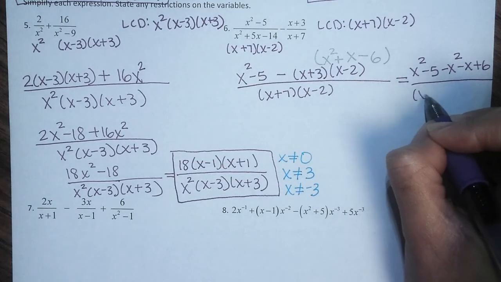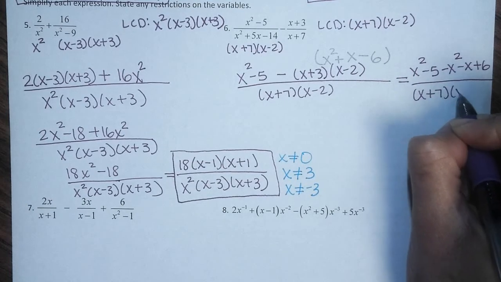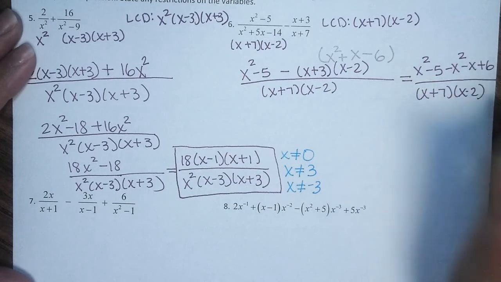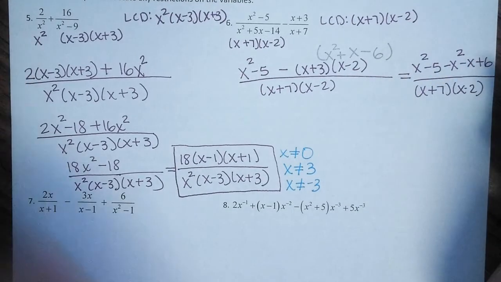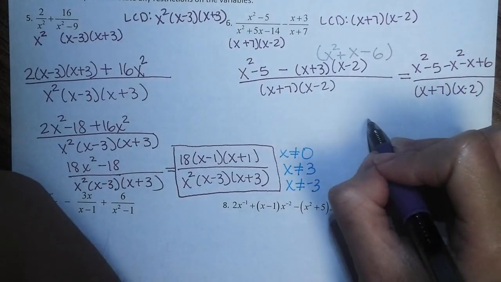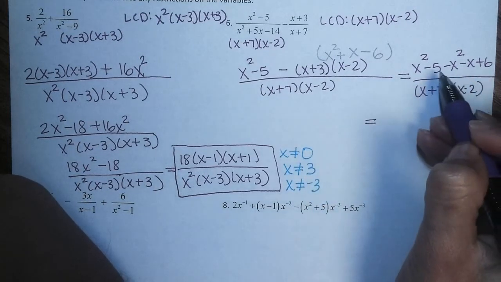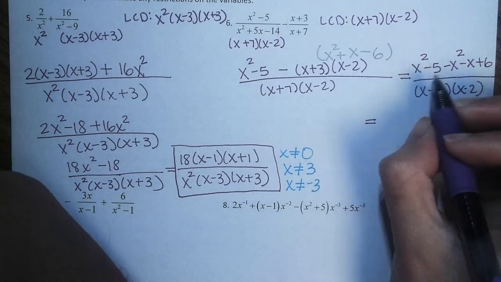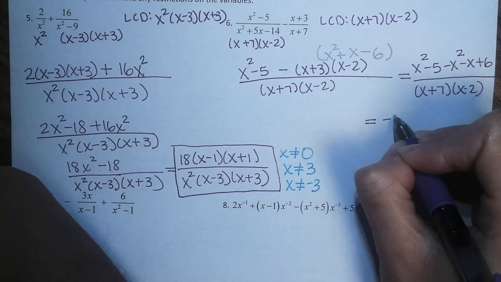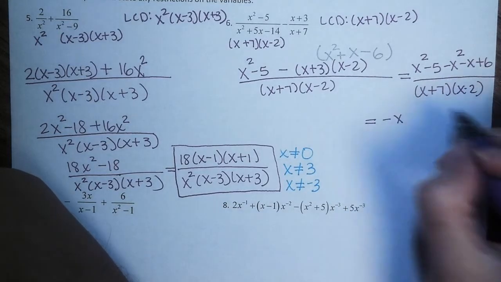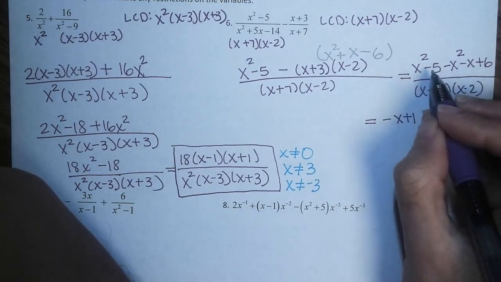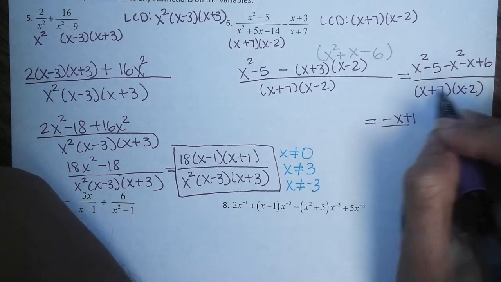The denominator is just your LCD. And you can keep simplifying your numerator until you're completely done and factored. That looks just like a negative x plus 1 over this.